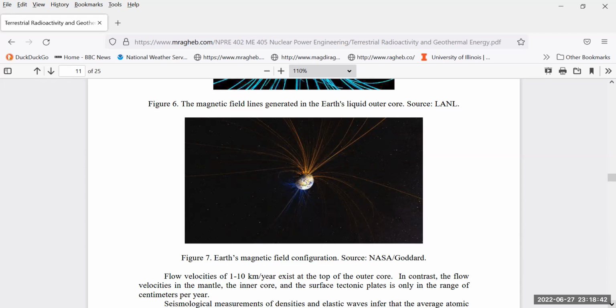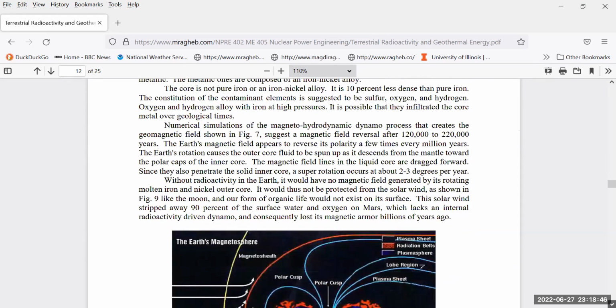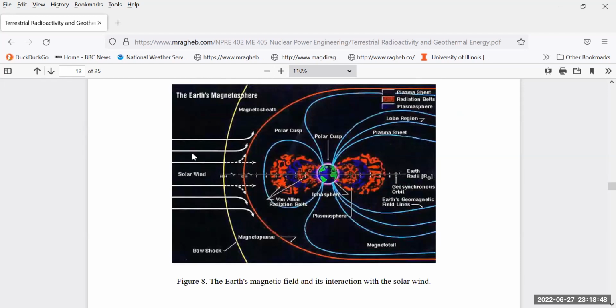Now, the Earth is subject to the solar wind that is impinging on the Earth. The solar wind is composed of electrons and charged particles, protons, and it would be hitting the surface of the Earth like it has been hitting the surface of Mars. If it hit the surface of the Earth, it would simply evaporate its atmosphere or evaporate its oceans out into space.